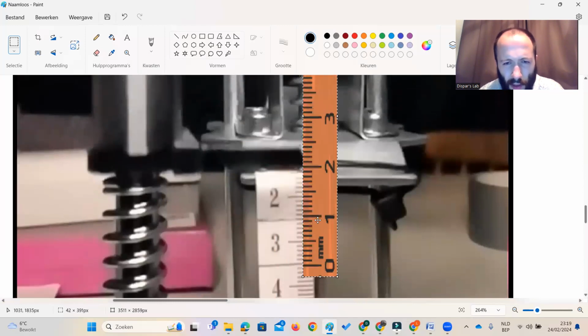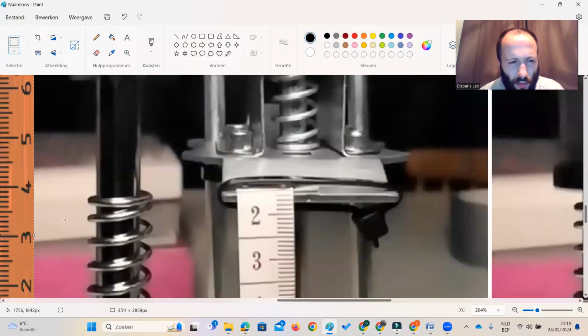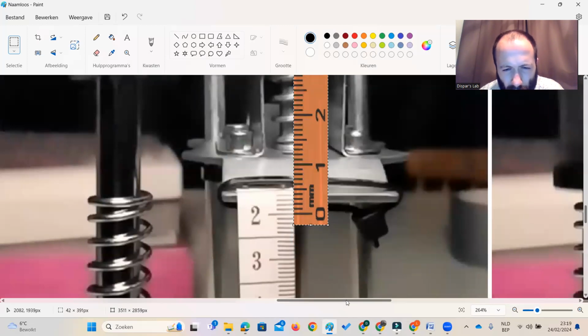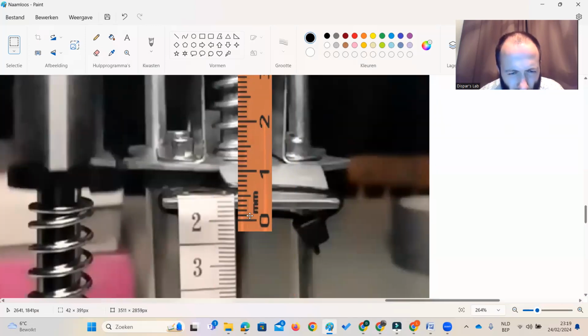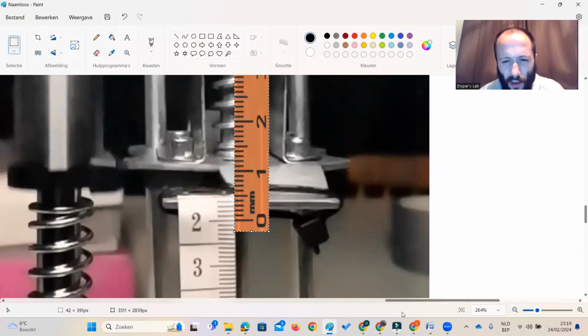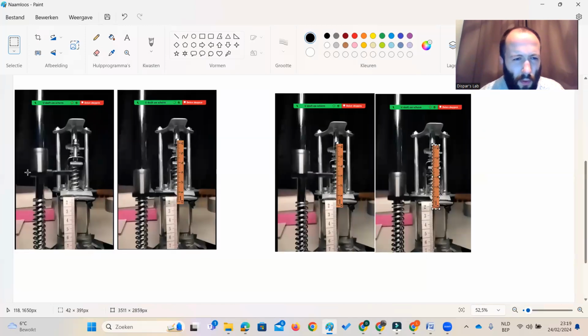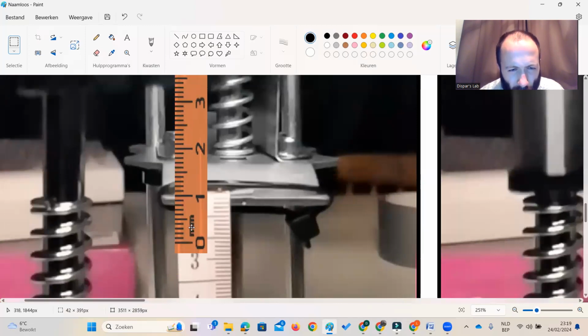So right at the 2 centimeter mark. Like this. I think that's it. Oh, one more. Over here.